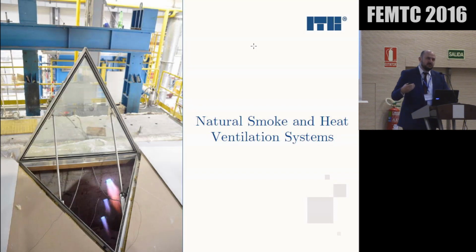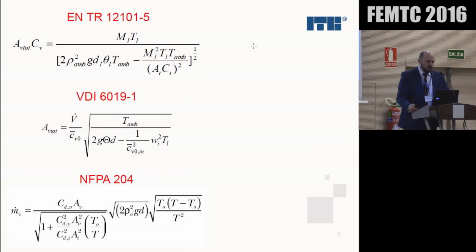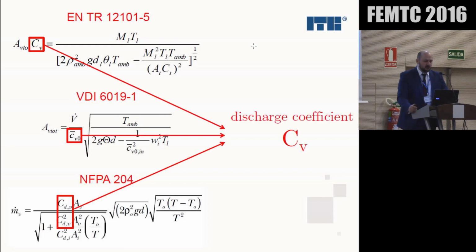There is a lot of space to be better at designing these devices, these systems, and I'll show you why. Whatever standard you look at, and that's my claim, you will end up with a parameter that will be called the discharge coefficient that will determine the performance of your natural ventilator.